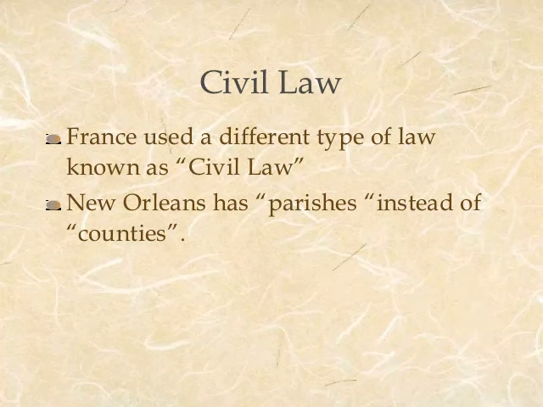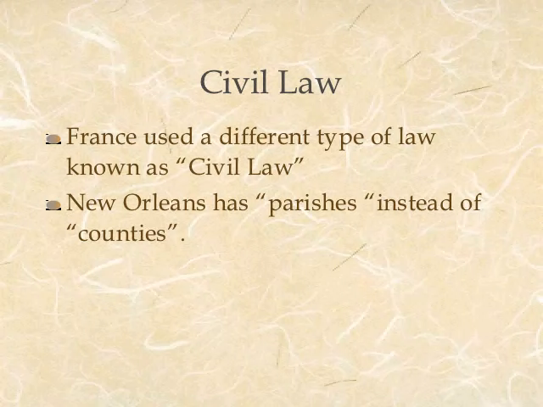Now, civil law, there are two definitions of civil law, so I want to make sure we know these two. The French followed what they called civil law, and it was developed by Napoleon Bonaparte. And we're going to talk about civil law and criminal law, which for the most part in California is separated. It's separated in two different areas, and we're going to talk about that in depth in a moment.